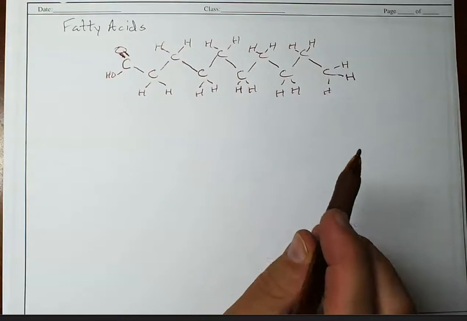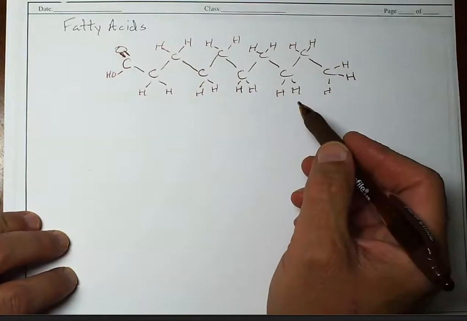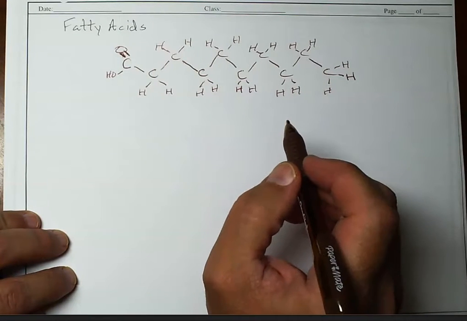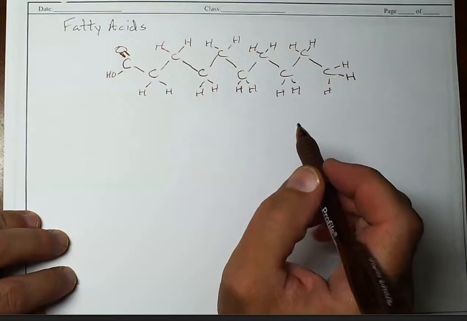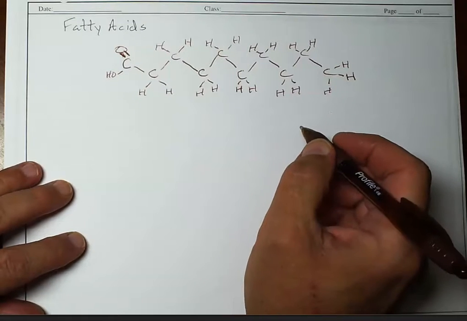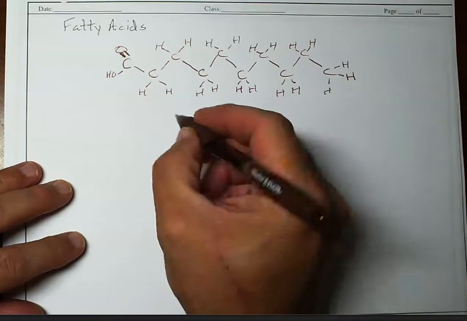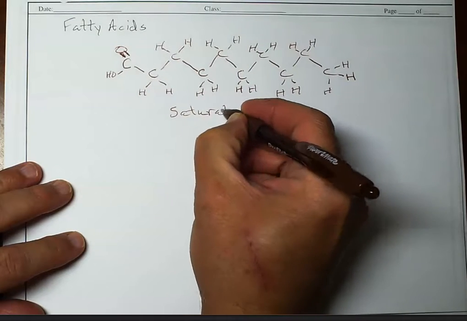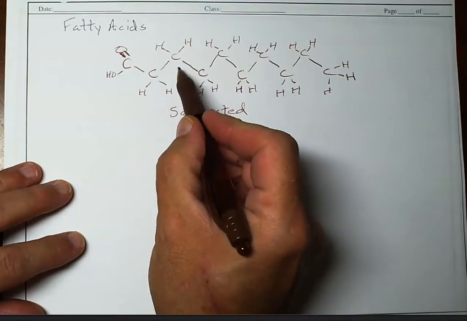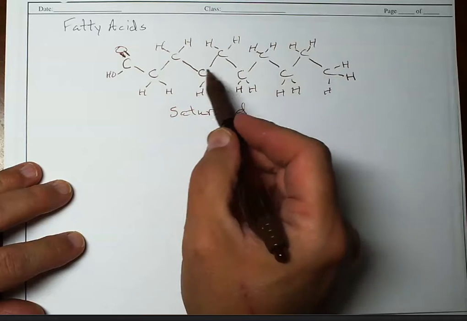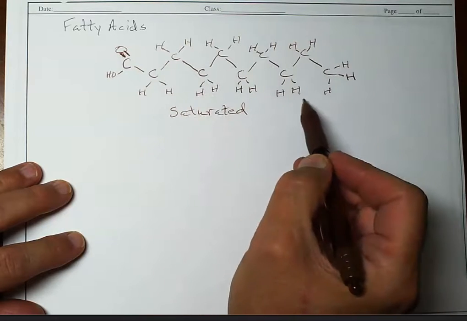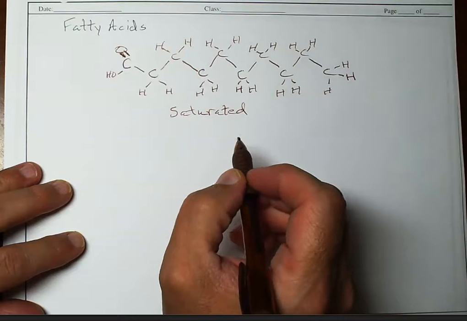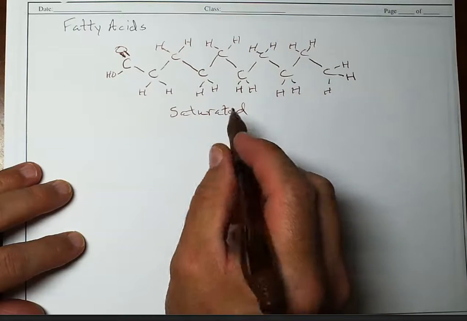So our buzzword here, if you think about, consider a towel. And when that towel has absorbed the maximum amount of water that it can, that towel is said to be saturated. And so when a fatty acid has only single bonds between the carbons, then it will be saturated with hydrogen.